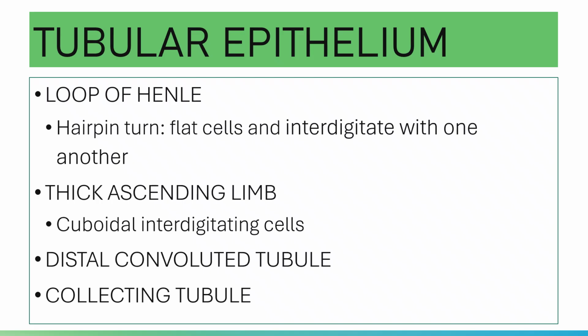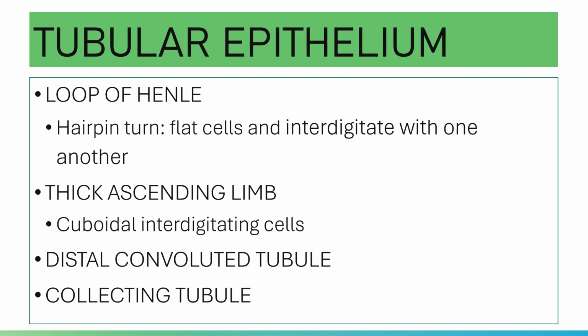The cells interdigitate with one another. The interdigitating epithelium found at the hairpin turn continues throughout the thin ascending limb of the loop of Henle. The portion that has no interdigitation is your thin descending limb.